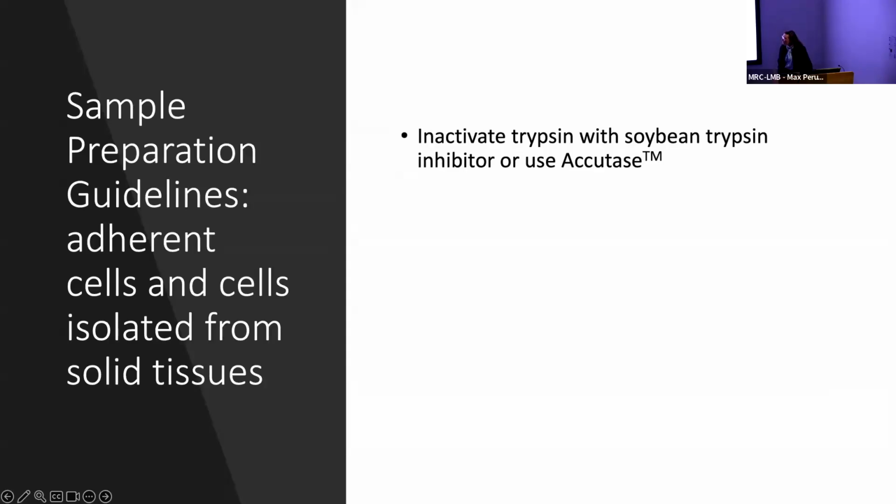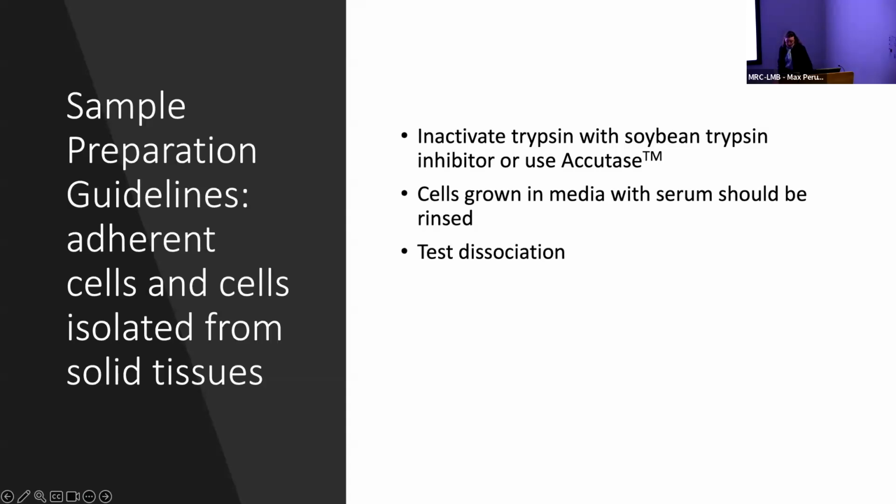The first is to make sure you inactivate your trypsin with soybean trypsin inhibitor, or use accutase, obviously to maintain viability. Any cells grown in media with serum should be rinsed twice with PBS prior to dissociation. You should always test your dissociation techniques for downstream viability.